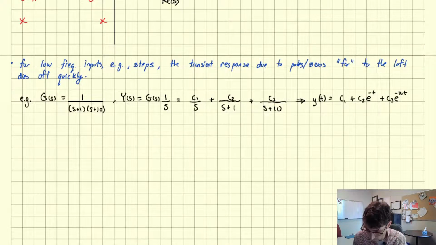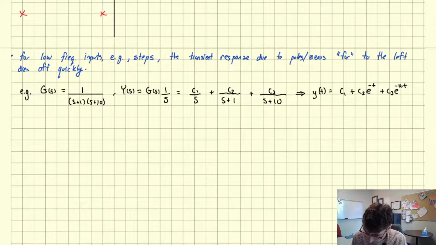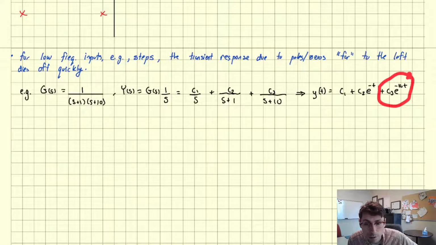And what do we observe? Well, let's look at this. The pole far to the left, the pole at s equal to -10, is producing this term here. And that's going to very quickly die away, at least in comparison to the pole which is closer to the origin, or the imaginary axis, which has this -1 decaying exponent, e to the -t.